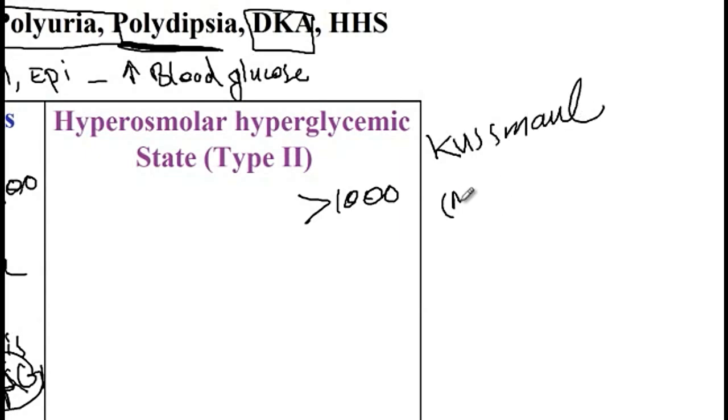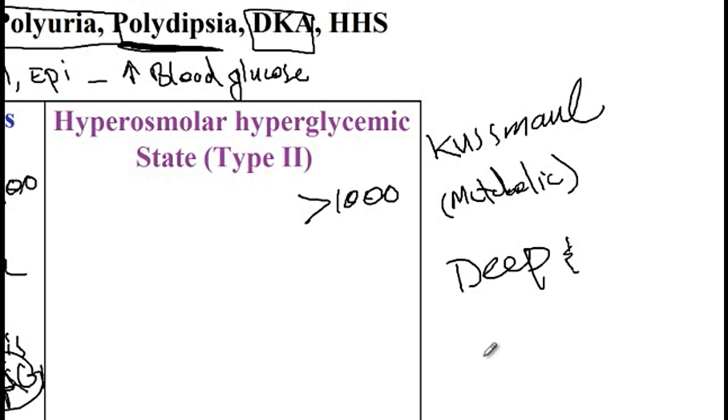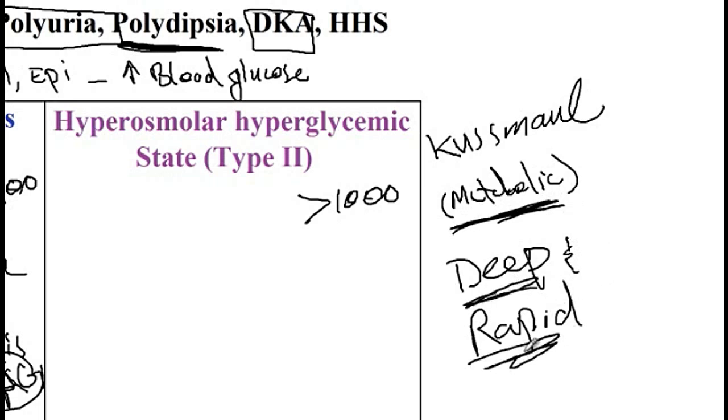So since there is metabolic acidosis, by Kussmaul respirations, which are deep and rapid breathing, they will try to compensate by exhaling as much CO2 as possible. So again, deep and rapid are the two mechanisms through which patients with DKA are trying to compensate for metabolic acidosis.